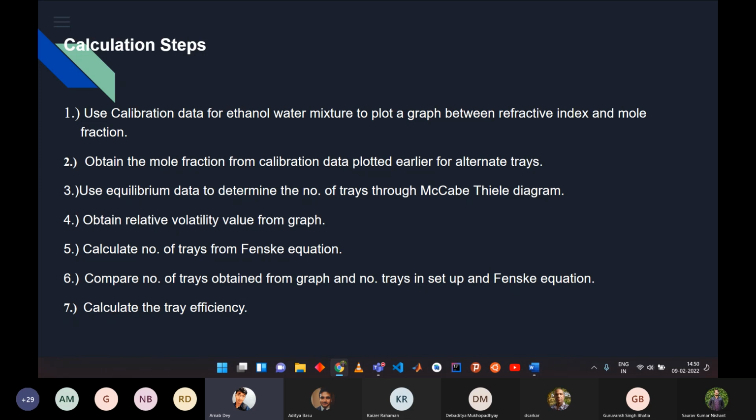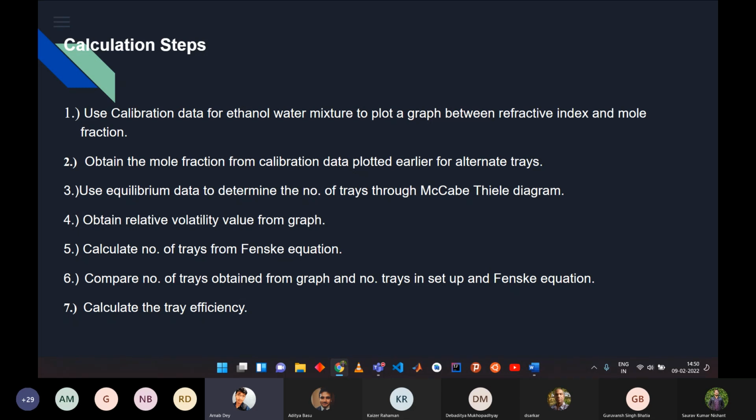Now once you have the stripping line and the rectification line, and you also know the equilibrium curve as we have provided the equilibrium data, you can find out the number of trays by the McCabe method. After finding out the number of trays, you have to use the formula, like in the previous slide.